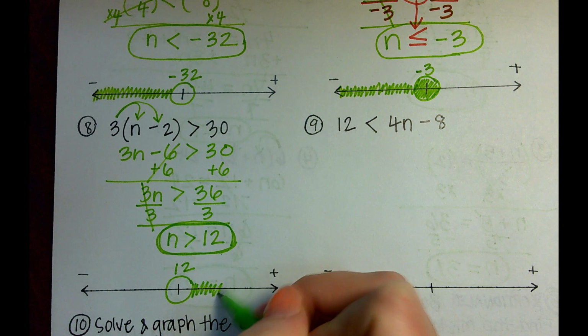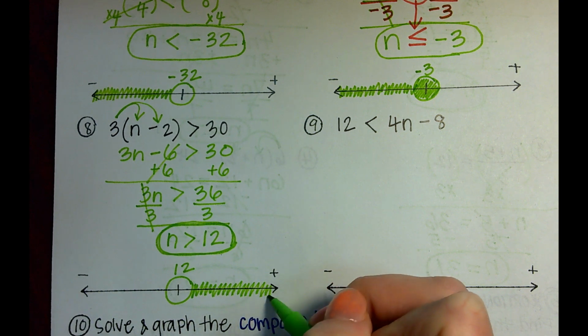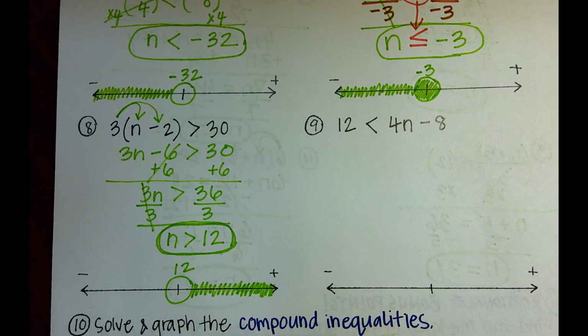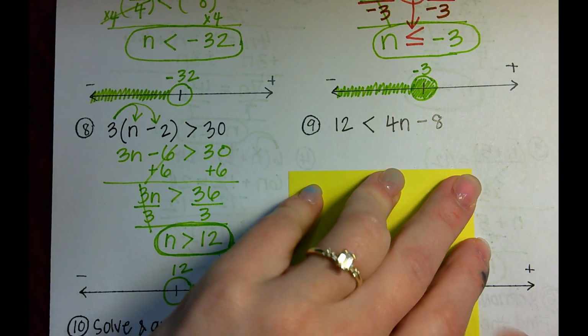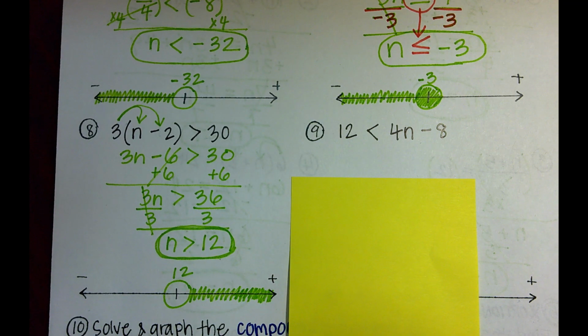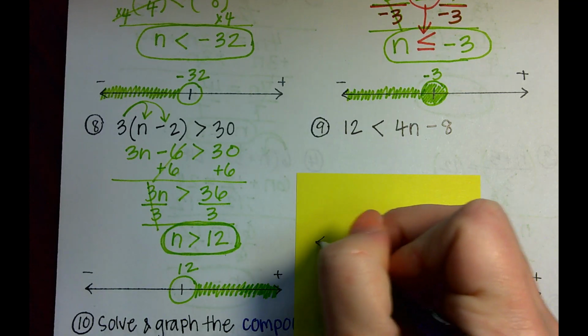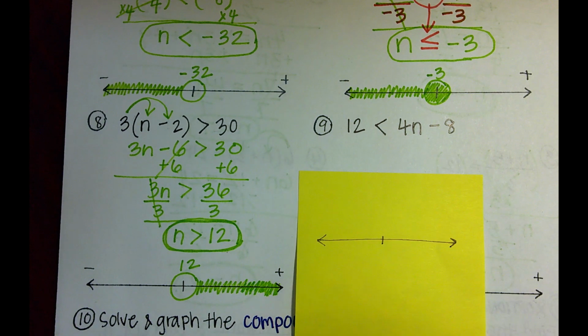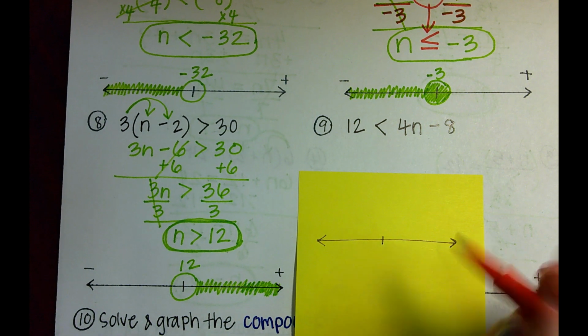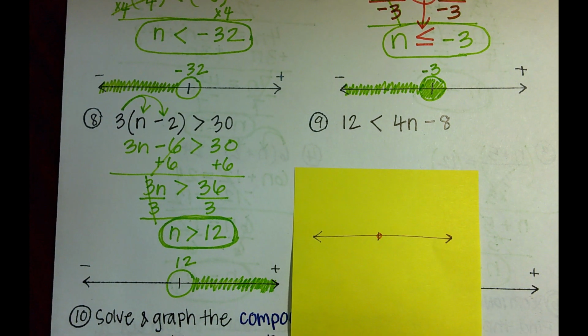Now, guys, I want to emphasize, whenever you do your graphs, make it very obvious whether your circle is open or closed. I've had a few students in the past do something where I could tell they weren't sure, so it's like, maybe it's colored in, maybe it's not.